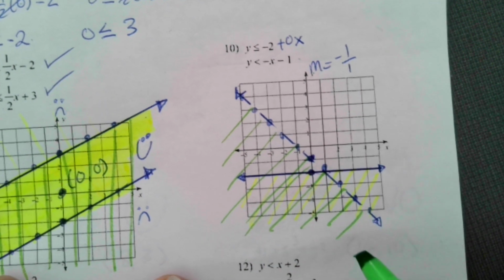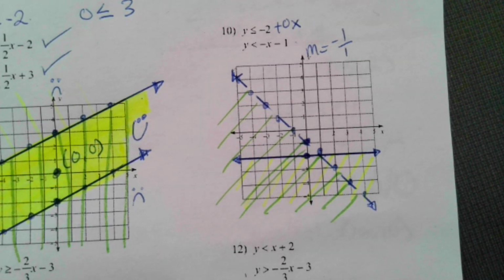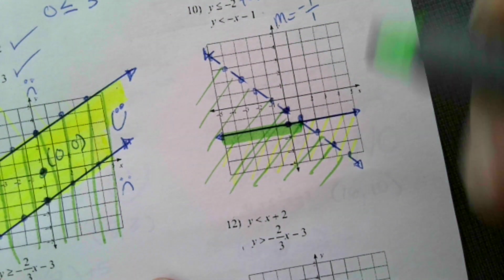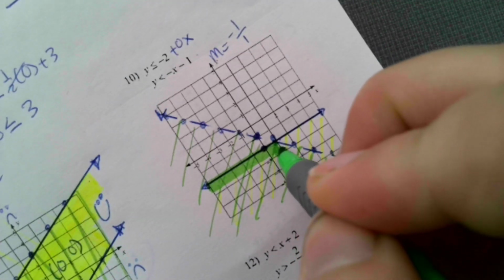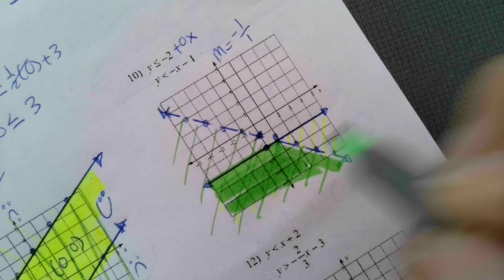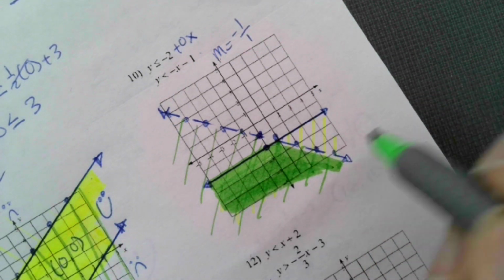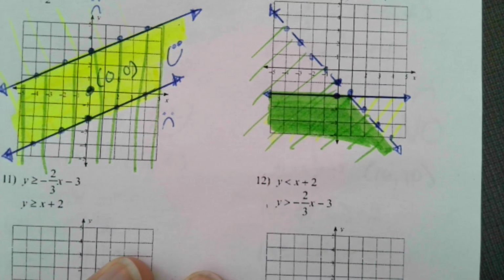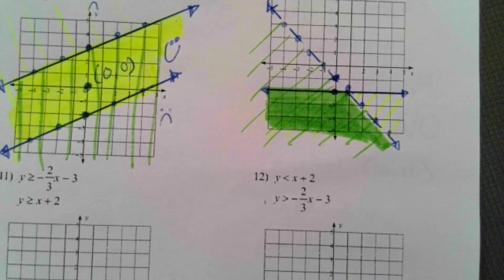Where do they overlap? Can you see that they're overlapping here? And then I'm purposely going to leave a space from that because we're not allowed to use that dashed line. Does that make sense? Can't use the dashed, can use the solid. Of course you can.